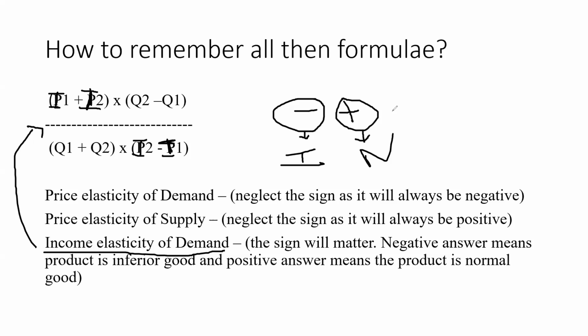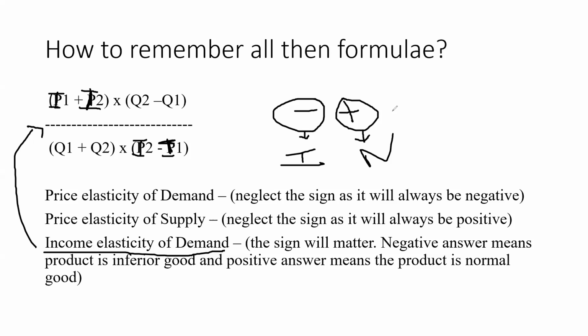So if you get better off, if you get richer, and instead of buying more of a particular product, you end up buying less of that product, you would say that product is an inferior good. But if your income increases, you get better off and richer, and you buy more of a particular product just because you got more money and you can buy more of it now, it is a normal product.